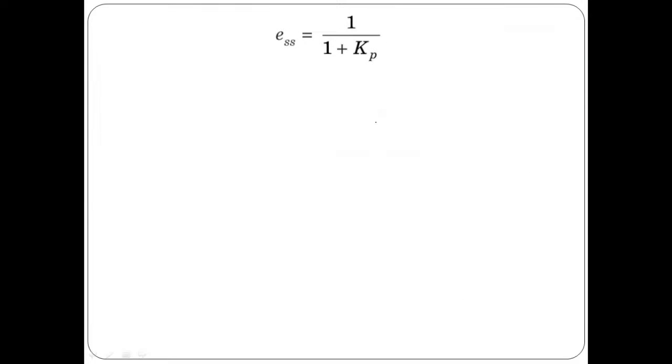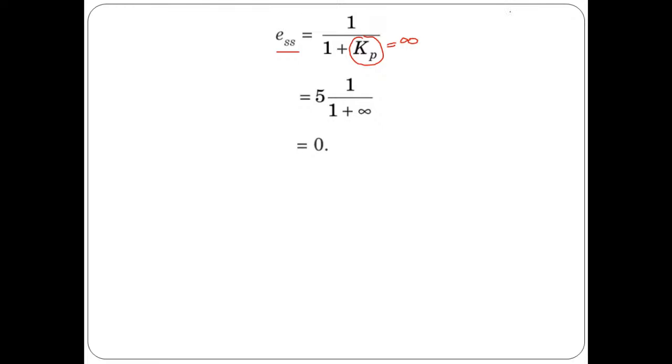Now let us try to calculate the value of steady state error. So here steady state error is nothing but 1 upon 1 plus Kp. The moment we put the value of Kp as infinite over here, the value of steady state error is going to be 0. This is very important.